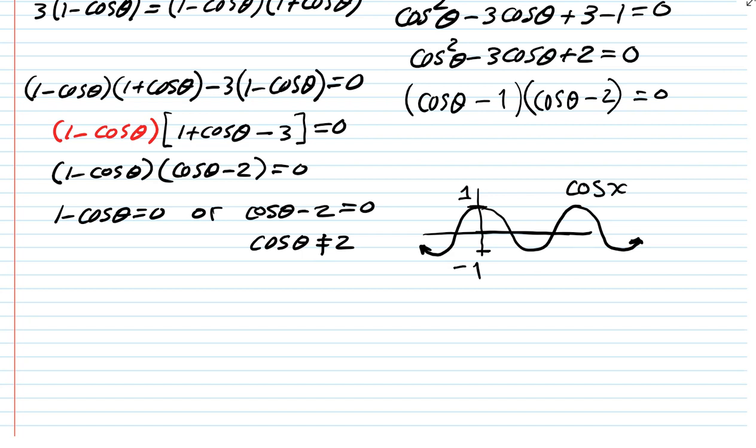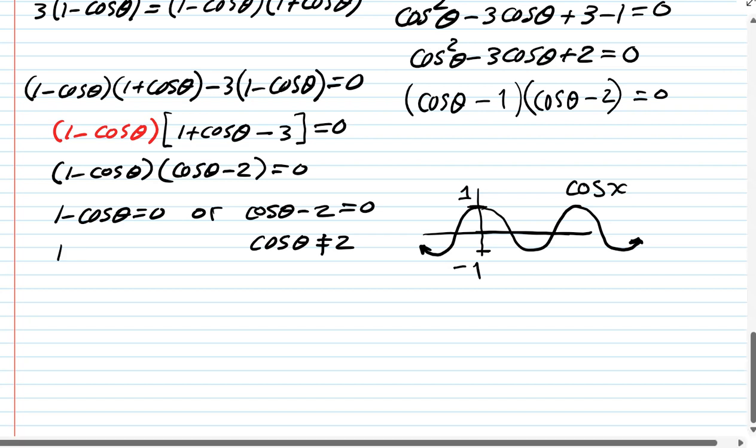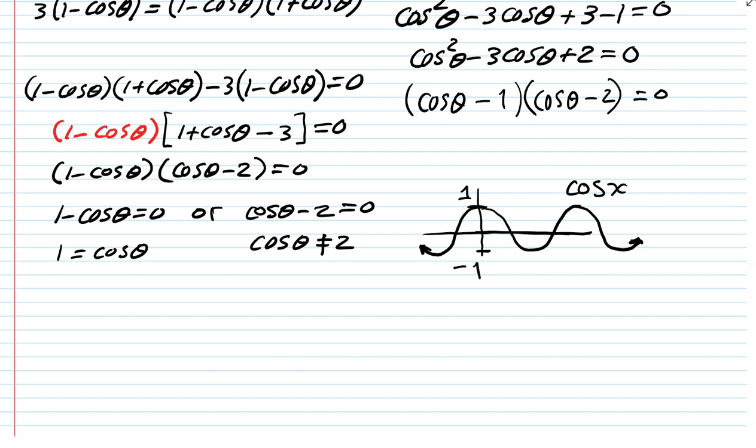So the only possibility here for this to be 0 is for 1 to equal cosine theta, or cosine theta must be 1. Well, cosine theta is 1 only when theta is 0. So there is our solution. Theta equals 0.